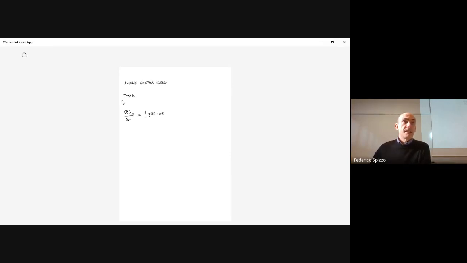The function f of E that I used yesterday is in this case just equal to E, because I'm trying to evaluate the average energy. And if you remember yesterday, there was a volume factor out of the integral, thanks to the (2 pi)^3 divided by V, that is the volume of one level. So I just include that volume here.